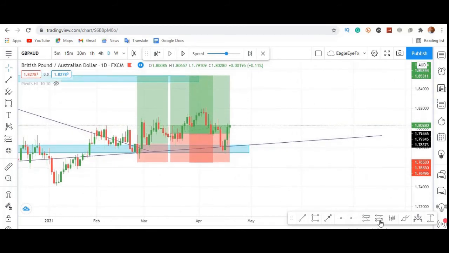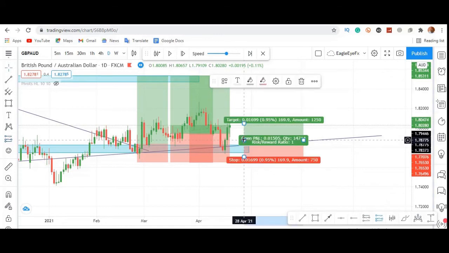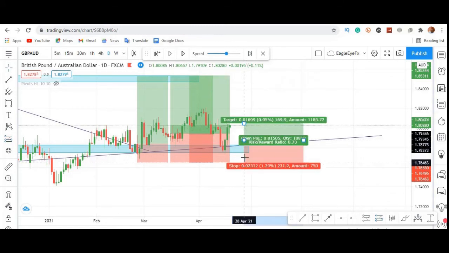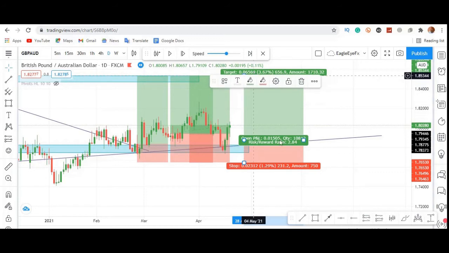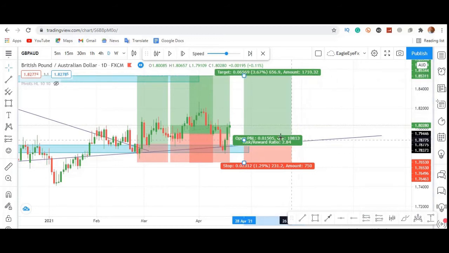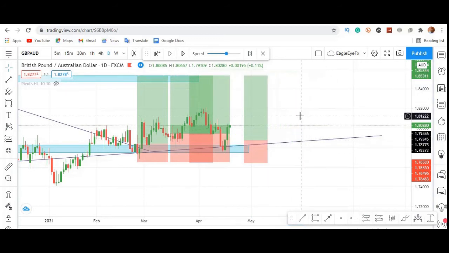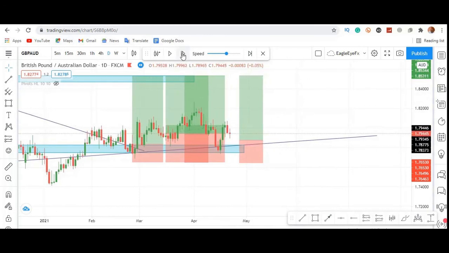So you can scale in here again. Put your stop loss there. Always remember to use good money management. If you're into scaling in, you can scale in and target another 1:2.